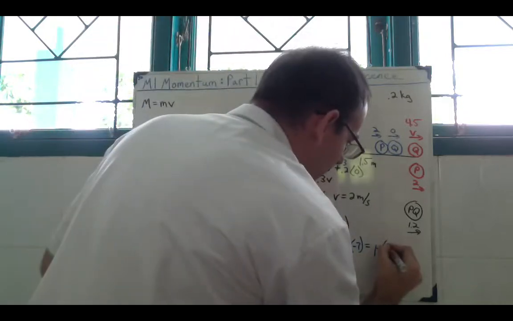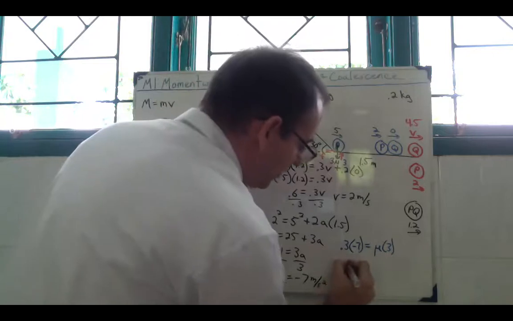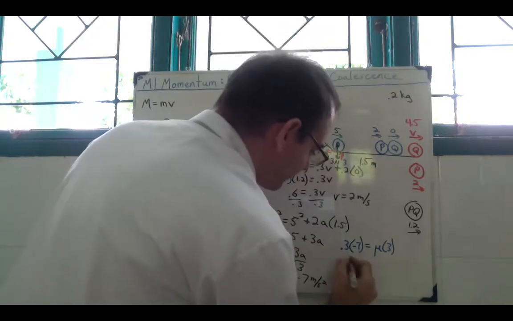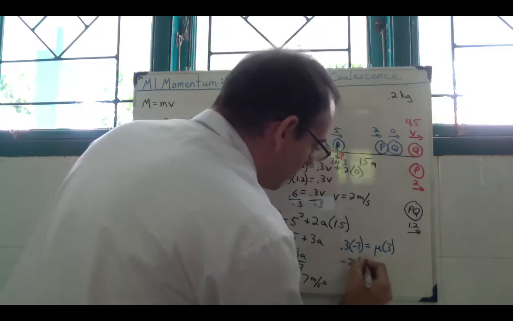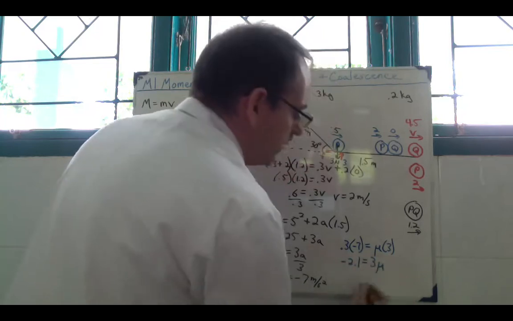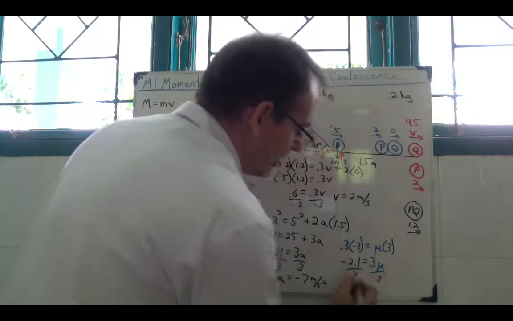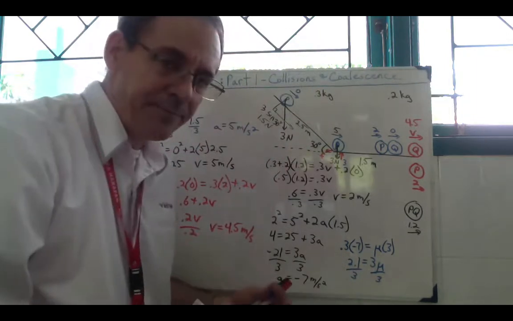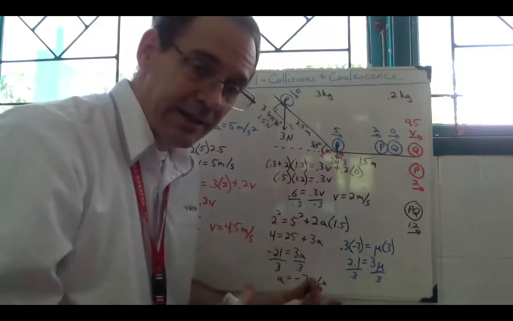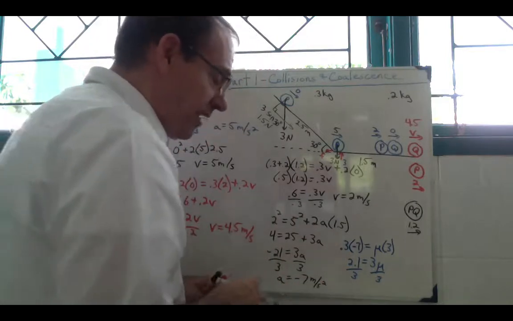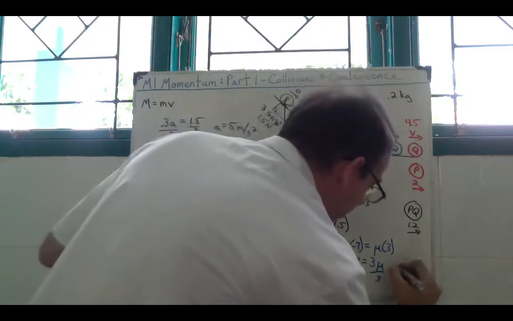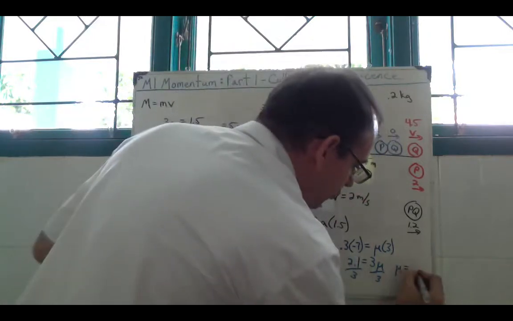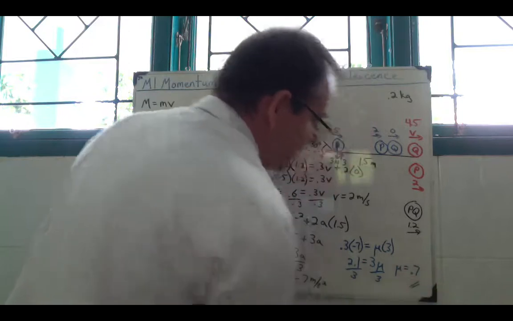So we have 3. So that gives us a negative 2.1 equals 3 mu. Divide by 3, divide by 3. And actually, we don't need the negative. We just need the force magnitude. And we divide by 3. So our mu, our coefficient of friction, is equal to 0.7.